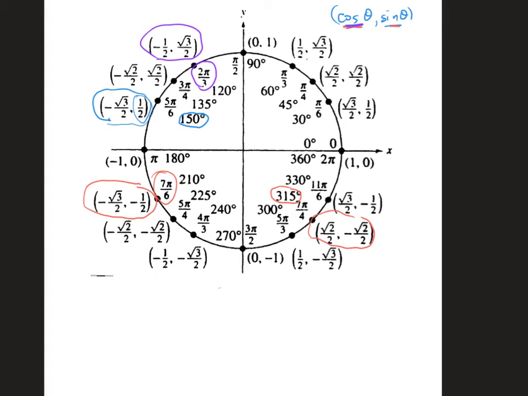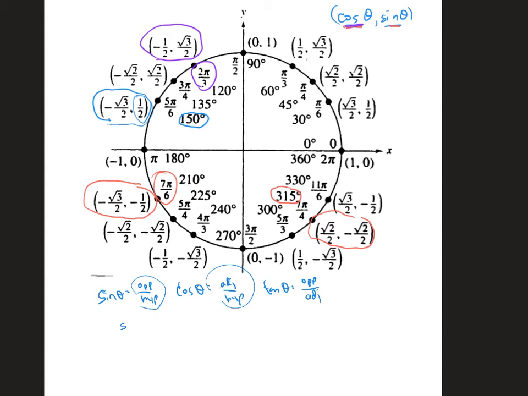Now, the relationship that we're going to look at here: remember how sine of an angle is opposite over hypotenuse? And cosine of an angle is adjacent over hypotenuse. And tangent is opposite over adjacent. Now, if I look at these two fractions, they're very similar to each other, right? They have the same denominator.